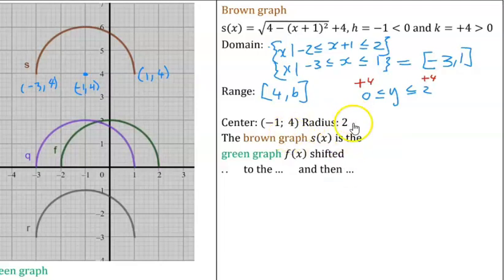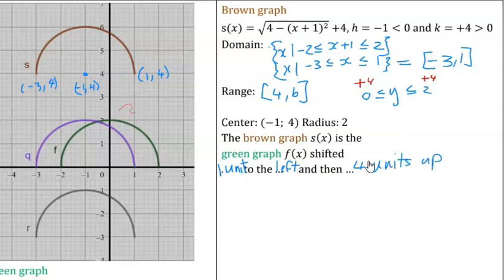Given the center and the radius here, that means that the brown graph, S of x, is the green graph, like the purple graph, shifted 1 unit to the left and then 4 units up. And we can see it on the graph here.